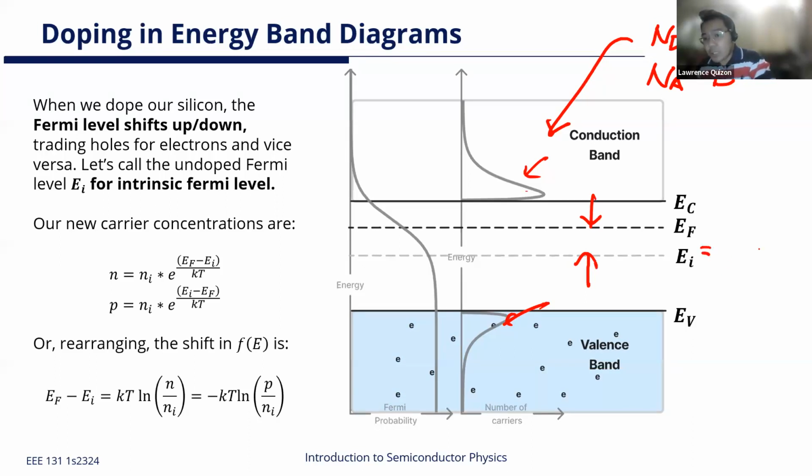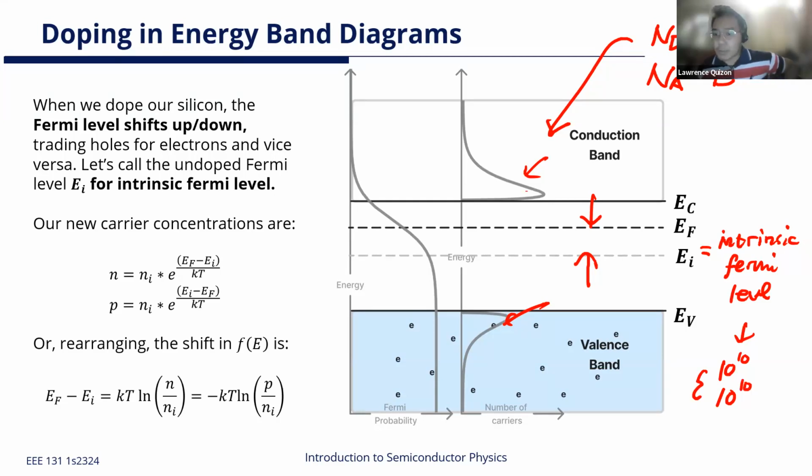So we define this new energy level, which we call the intrinsic Fermi level. Why did we name it that? This is the Fermi level at intrinsic carrier concentration. If you have 10 to the 10 electrons and 10 to the 10 holes, then this is where your Fermi level is. If you're undoped, your Fermi level would be exactly here.